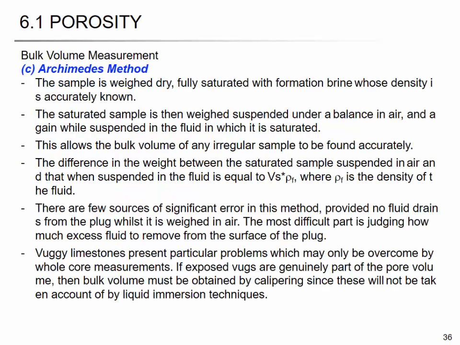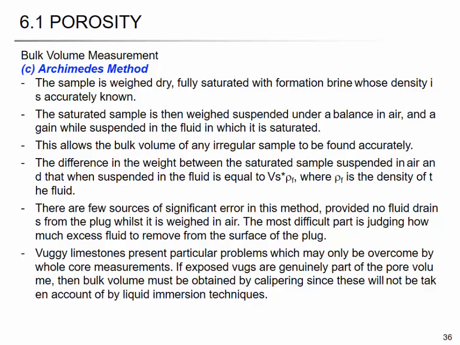The other method is the Archimedes method. It's basically the same as what we solved in the first example. You measure the dry sample in air, and after it's fully saturated, you also measure it in water.